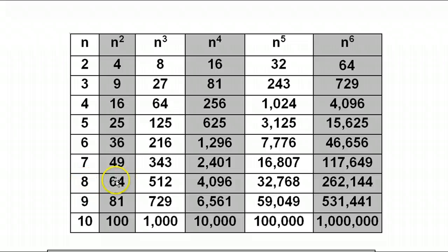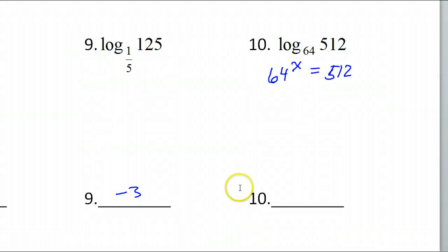So this is 8 squared, and this is 8 to the third power. So that means I can write both of these as a base 8. I can write 64 as 8 squared, that x I'll just put right here and make a 2x. And this 512 is 8 to the third power.